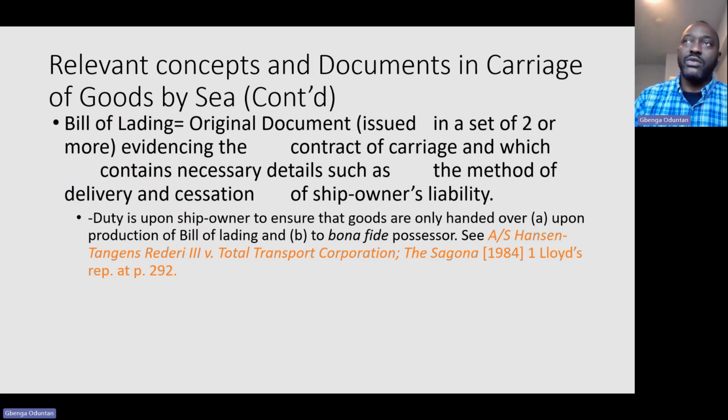Once it gets into the hands of the buyer, he has at least a copy to present to the ship owner when the ship arrives. And that copy will be an original copy. Any copy he presents will be the original copy, and others get cancelled from that moment on.